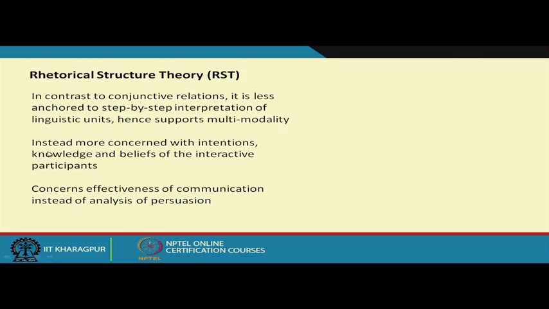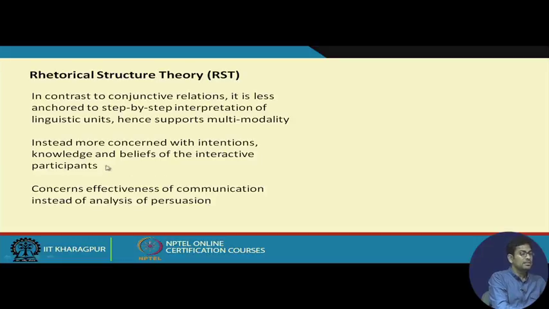So, if we say the boy chased the dog, we go by the step by step linguistic units and then draw a comparison and a tie between them. But in rhetorical structure theory, it is taking a different approach. The approach is instead more concerned with intentions, knowledge and beliefs of the interactive participants, and concerns effectiveness of communication instead of analysis of persuasion.